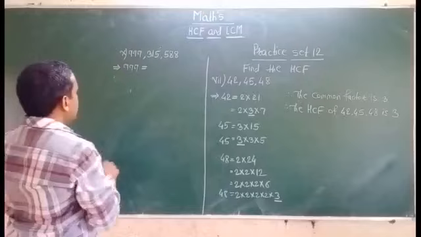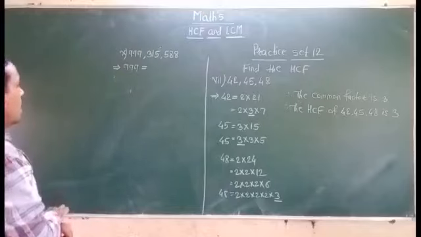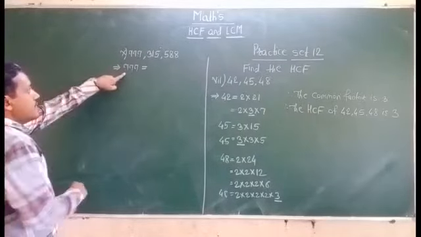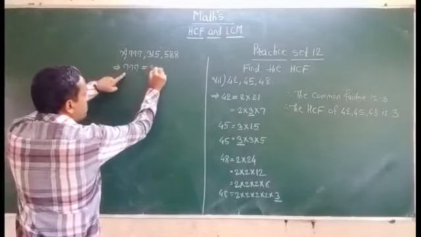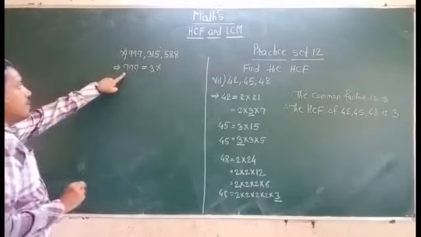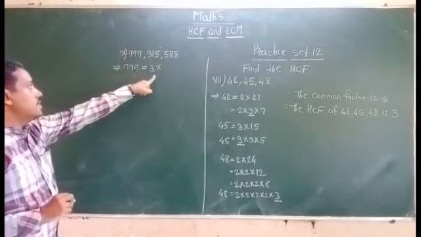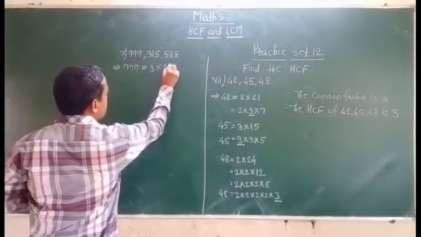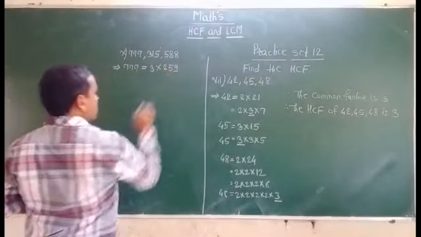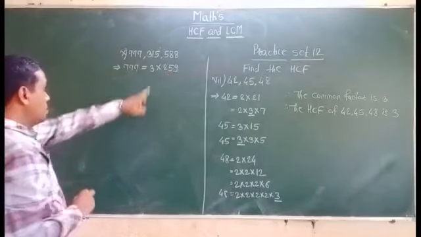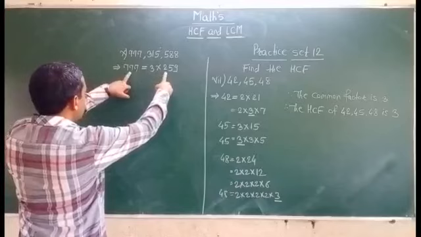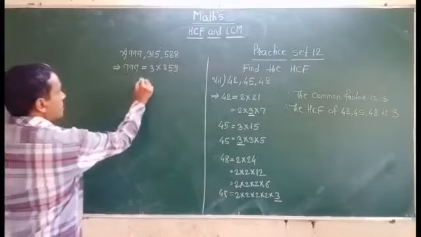777 is completely divided by 3. When we divide 777 by 3, we get 259.